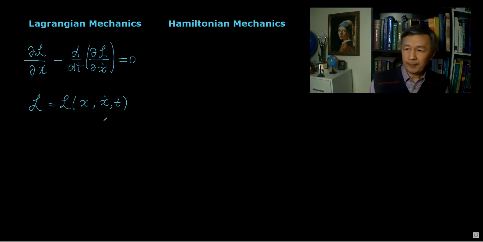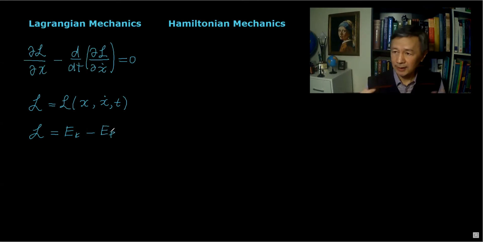Of course, you may ask what would be the exact form? Well, the Lagrangian is very relevant to the energy in a mechanical system, but with a slight difference. By definition, the Lagrangian is equal to the total kinetic energy minus the total potential energy. So that is slightly different from the total energy. Okay.